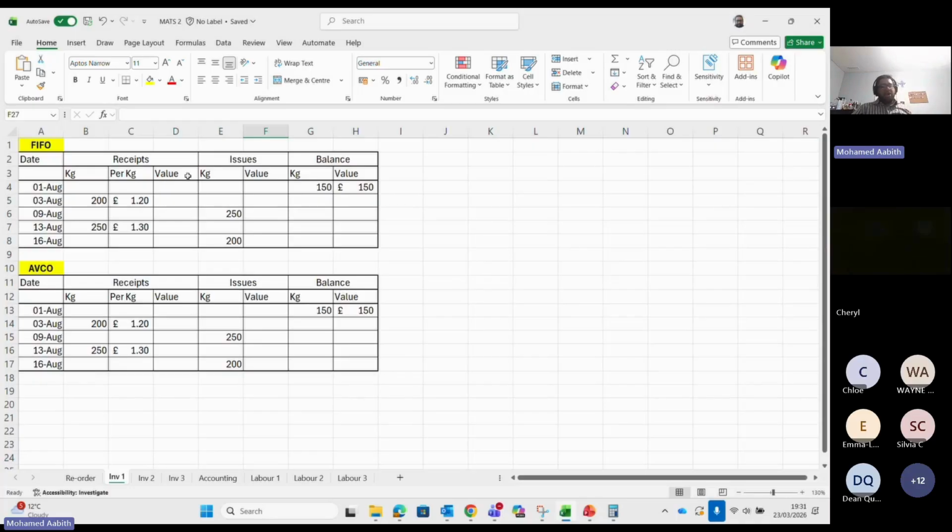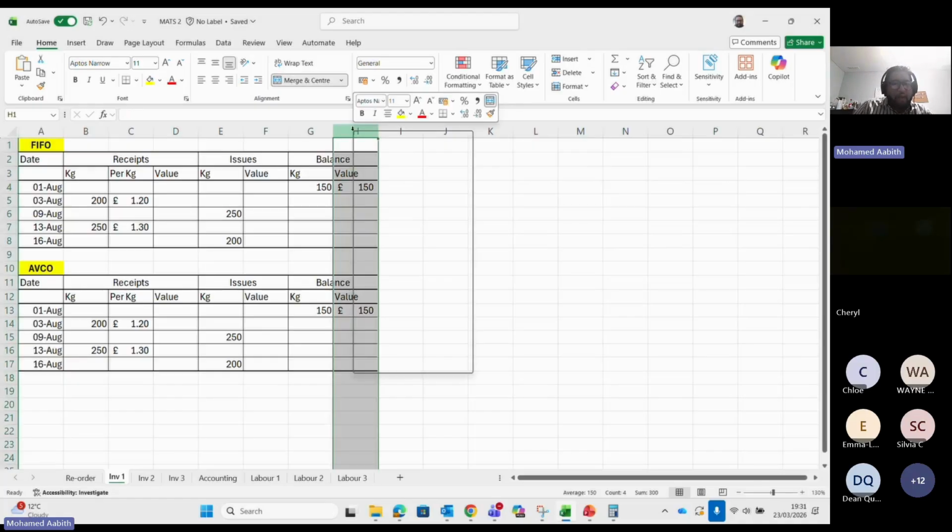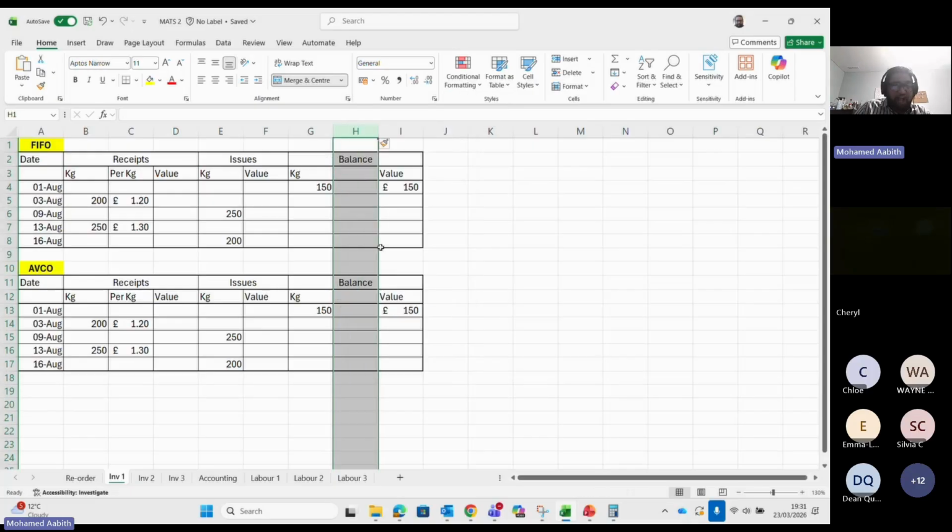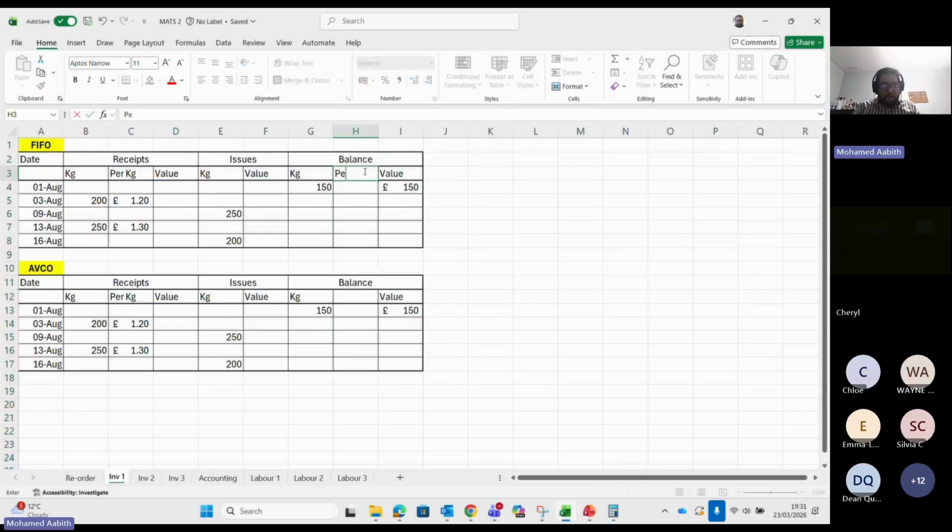For one thing, they're giving you 150 kilograms for the value of 150 pounds. In this question we didn't have it, but I'm going to do it per kg as well. In that case we would find what the average cost is when it comes to the AVCO. So let's see what happens.